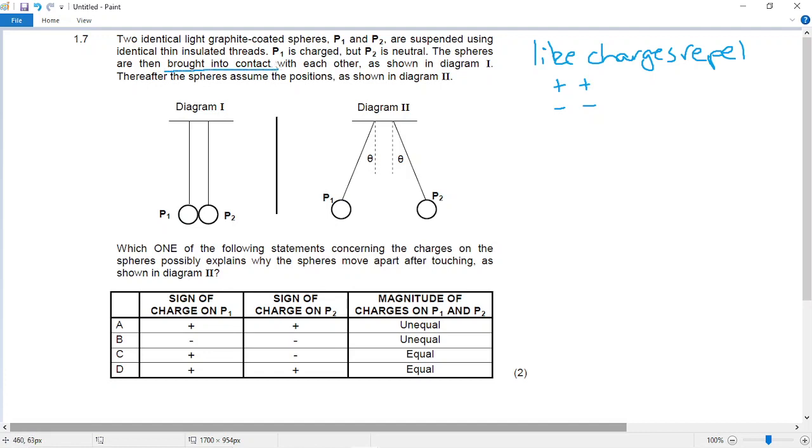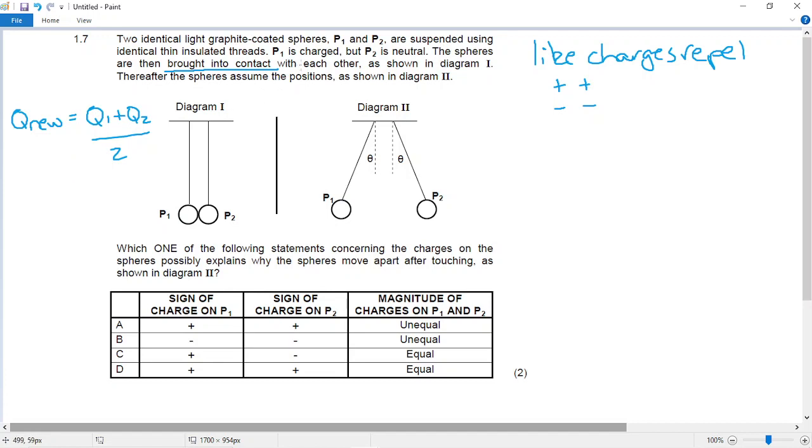The moment you see brought into contact with each other, we are going to use the law of conservation of charge, which says that in an isolated system, the net charge is conserved through any physical process, and is responsible for this formula here. So what happens when we bring two charged objects together? The charge averages out, everybody ends up with the same charge.